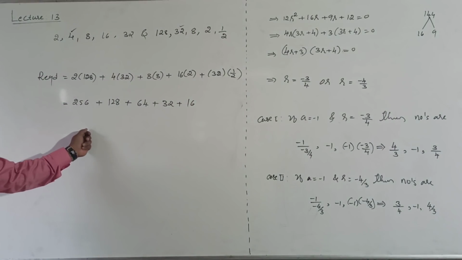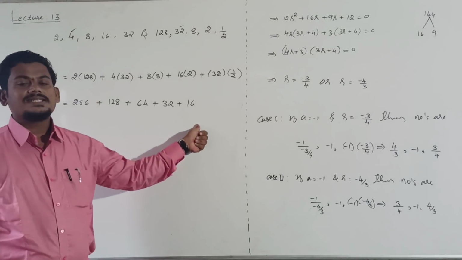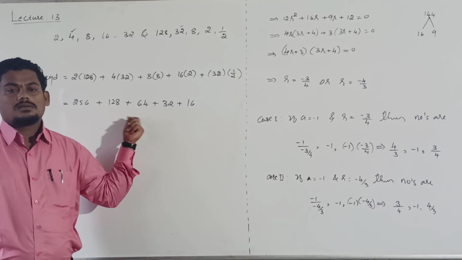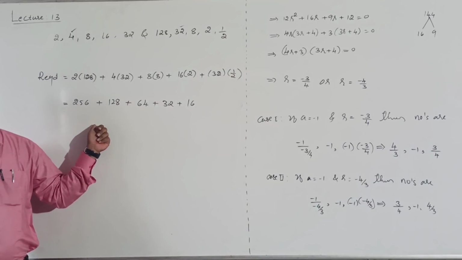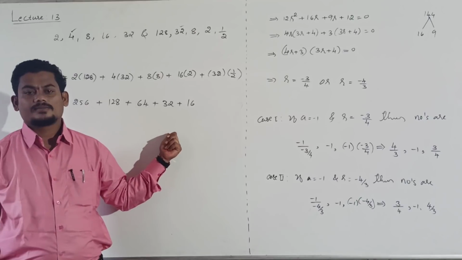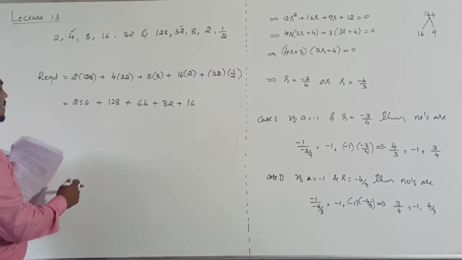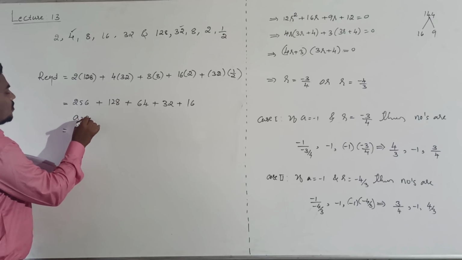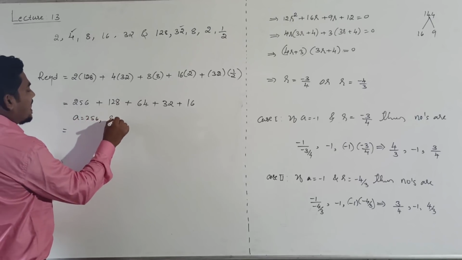Use the GP formula. Clearly this series is in GP. Don't add directly. Use the GP formula. Then the required sum: in this case, the A value is 256. Then what is the common ratio?